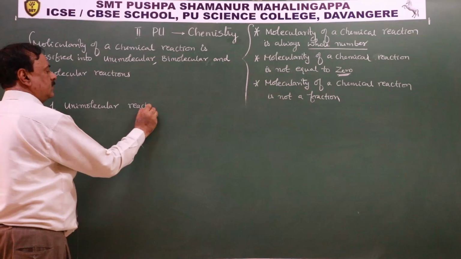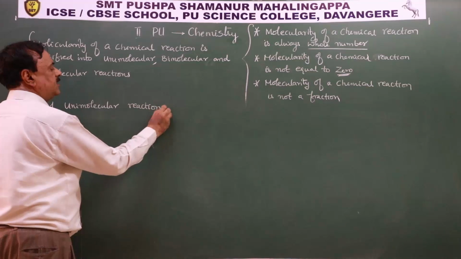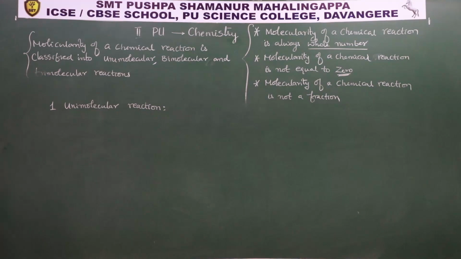Unimolecular reactions. What are unimolecular reactions? Give an example. These are the reactions involving only one reacting species.